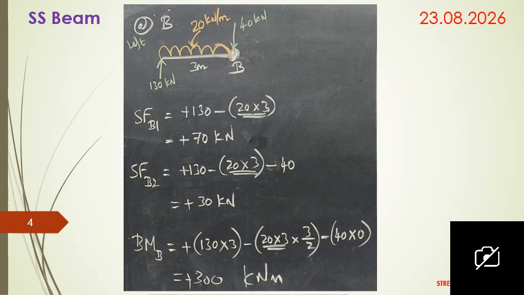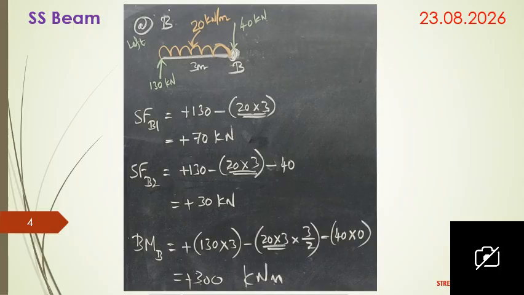Now the bending moment at B. The 130 kilonewton is acting 3 meters from B, so 130 into 3, creating a clockwise moment. The UDL is 20 kilonewton per meter over a distance of 3 meters, that is 20 into 3.